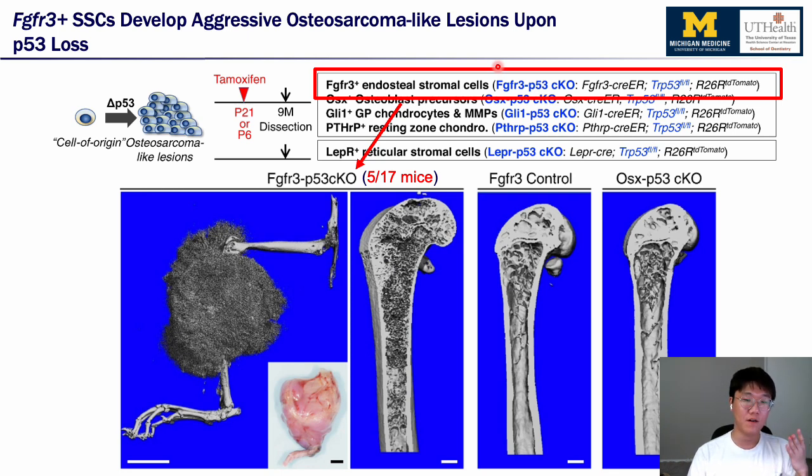So here we built another transgenic mouse model to allow joint control of the FGFR3 and TRP53 genes. You can see here, strikingly, after 9 months, 5 out of 17 mice developed huge tumors radiating from the bone marrow, which destroy the pre-existing cortical bones.